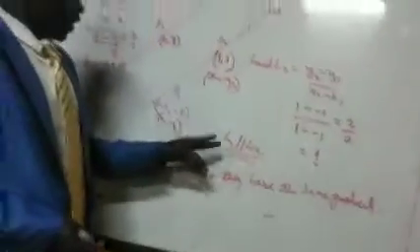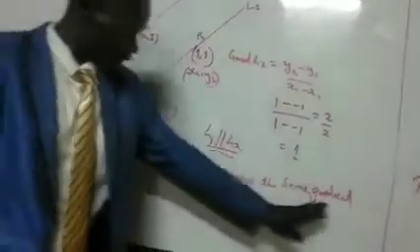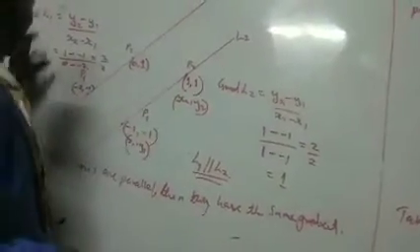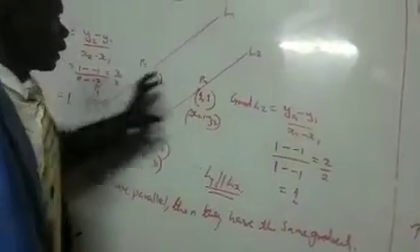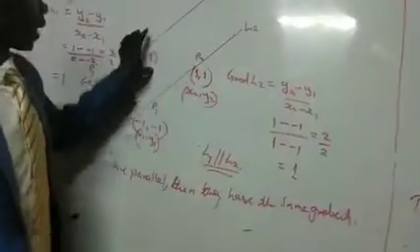That's what you're saying, that if two lines are parallel, then they have the same gradient. Or if two lines have the same gradient, then those two lines must be parallel. That's what we've got here. The gradient of L1 is 1, gradient of L2 is also 1. Therefore, these two lines must be parallel because their gradients are the same.